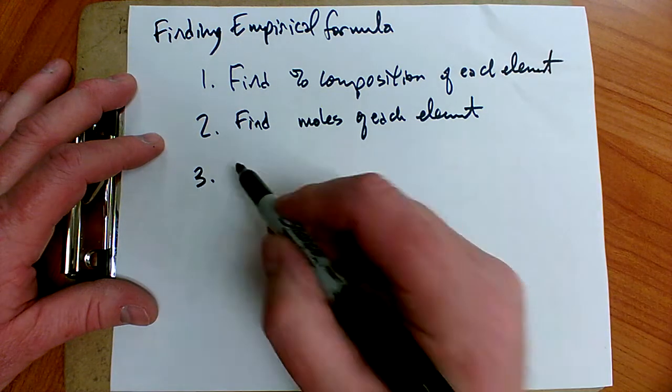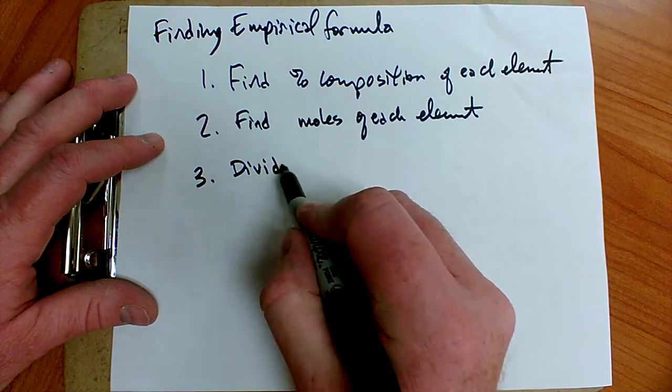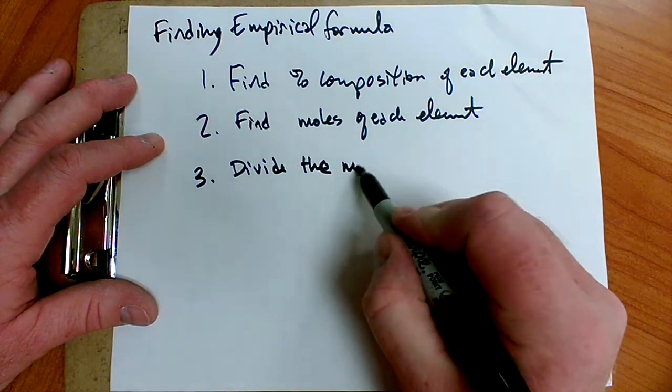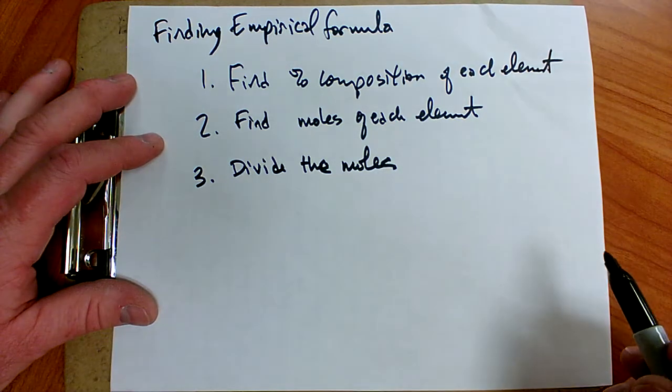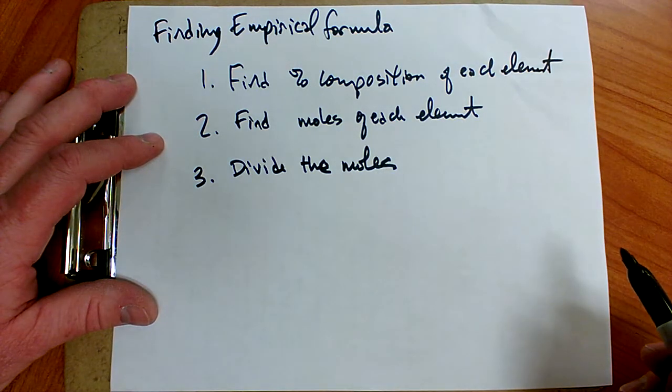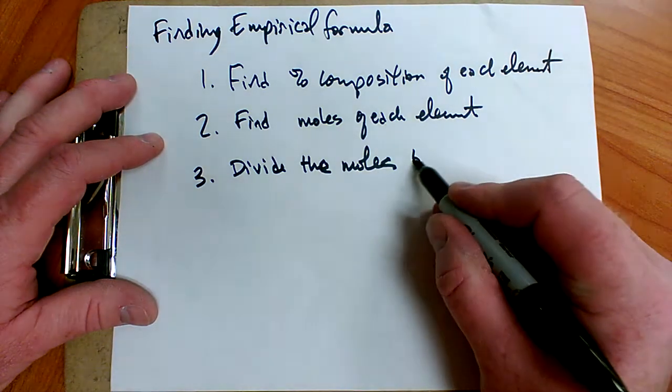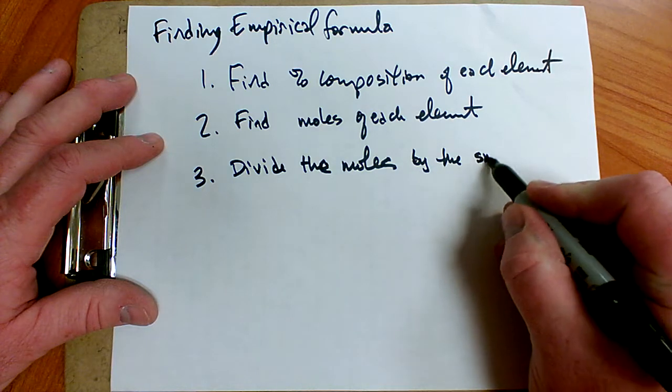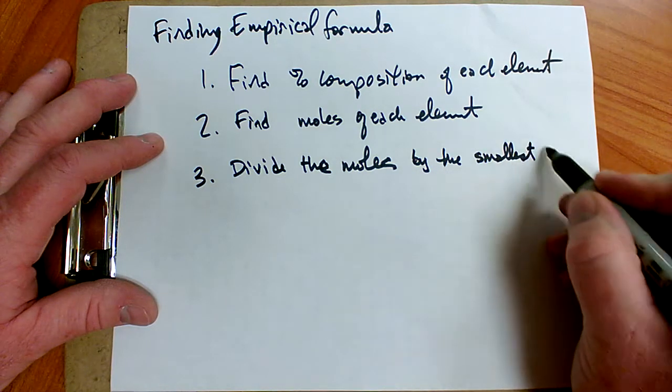Then, this is the fun part, we divide the moles of each element by the smallest number. And I'll show you in a second in an example what this looks like.